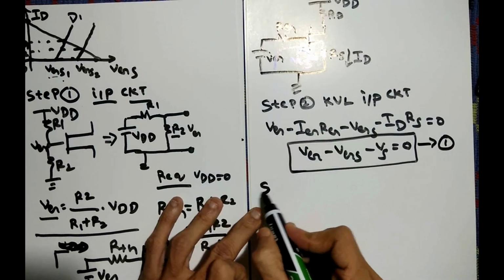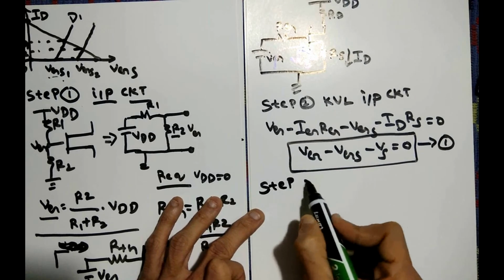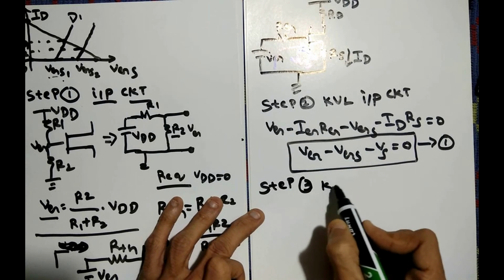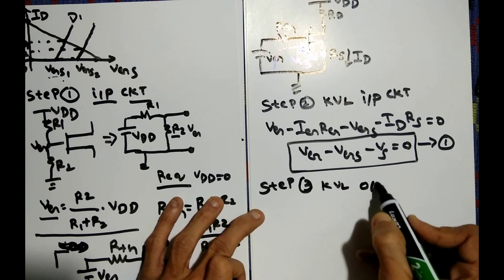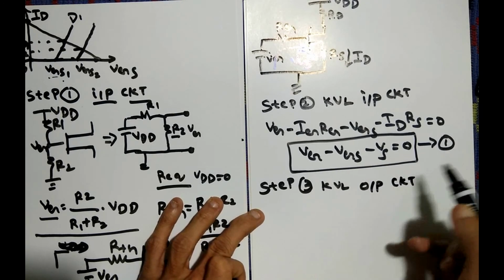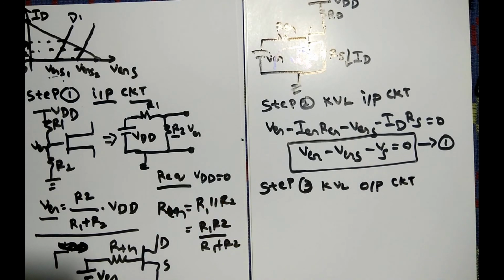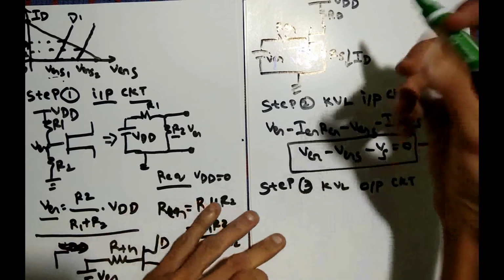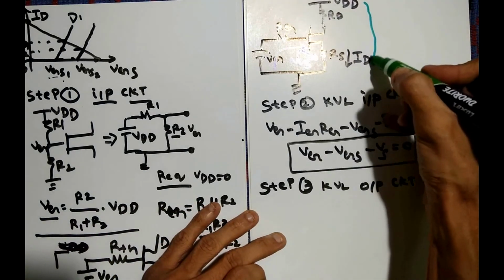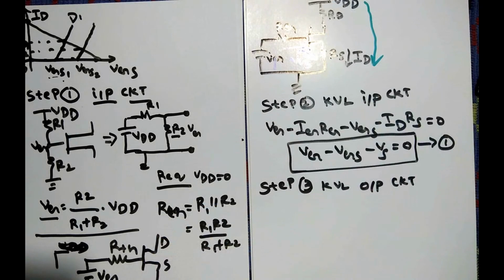Similarly, we go to step 3. In step 3, our aim is to write KVL for the output circuit. Considering our circuit, what portions do we have in the output? It looks like these portions are in the output circuit, so we consider them one by one.